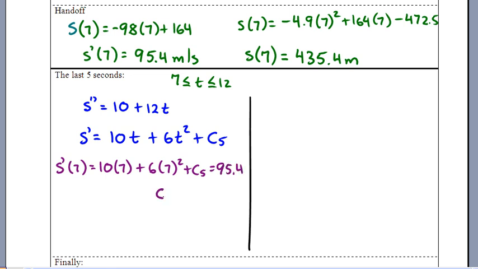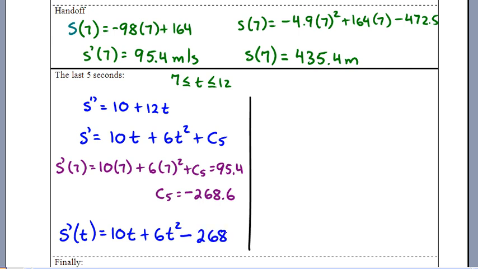And when you do that, you end up finding that C5, it's just this weird random number, negative 268.6. So here's a machine that will work during these 5 seconds. The velocity at any time inside those 5 seconds is 10t plus 6t squared minus 268.6.